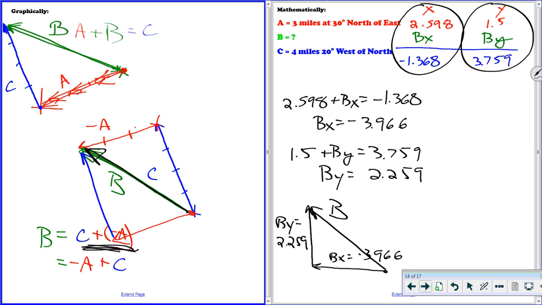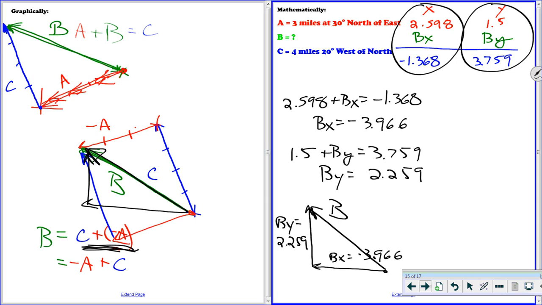We know the x component and the y component, so we can find vector B just by doing a little bit of trig. The Pythagorean theorem tells me the hypotenuse, my vector B, is 4.564, which I'll just round to 4.6 miles. A little bit of trig tells me that the angle is pretty close to 30 degrees, about 29.7 degrees, and it looks like it's north of west.